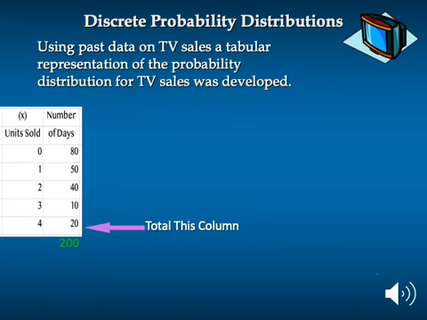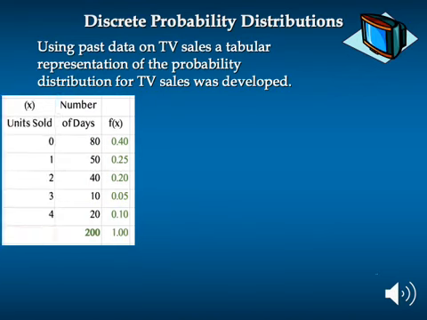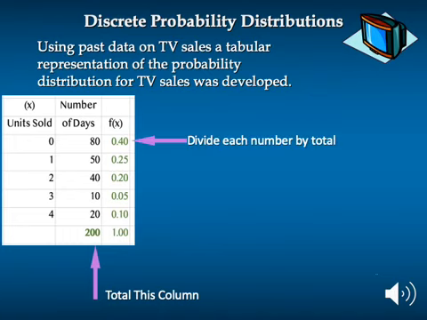Next thing we want to do is figure out what the function of x is. And for us to do that, we're going to divide each one of those number of days by 200. And when we do that, the number shown in green is what we're going to develop. We've totaled this column to get to 200, and then we're going to divide each number by that total.